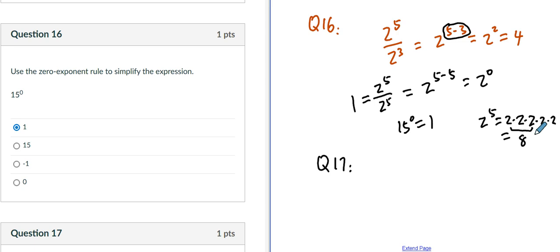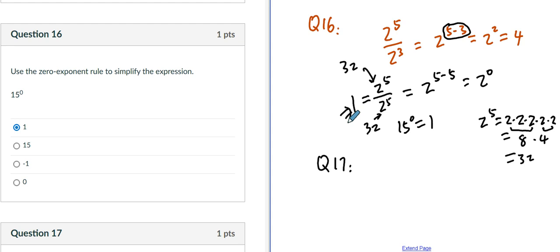That's 8. Here, 2 times 2 is 4. So you know that's 32. So here is 32 divided by 32. You know that is 1. Okay? All right.